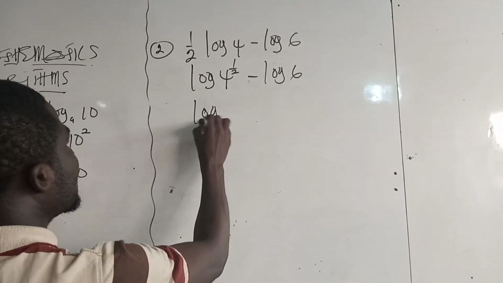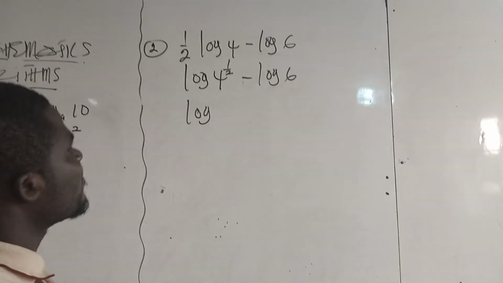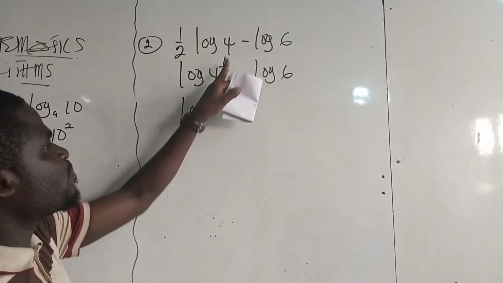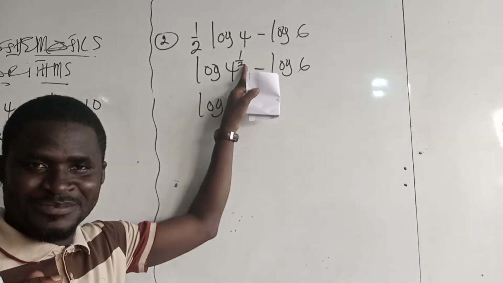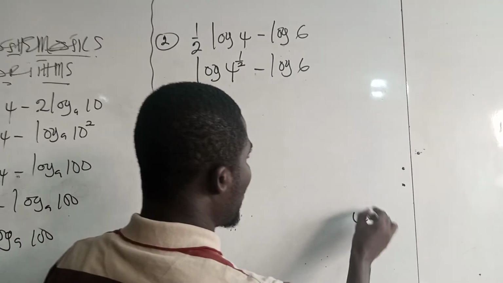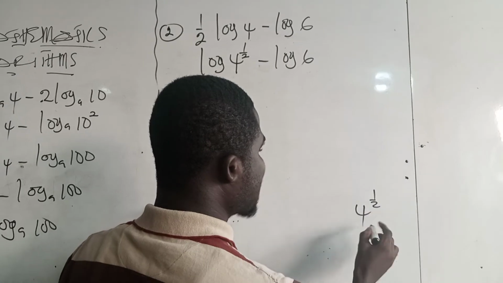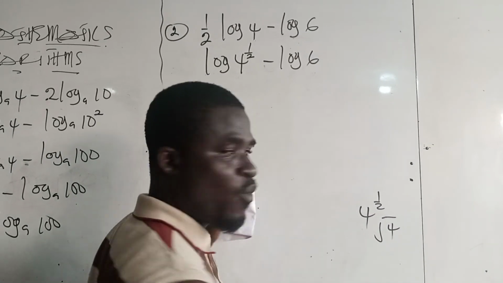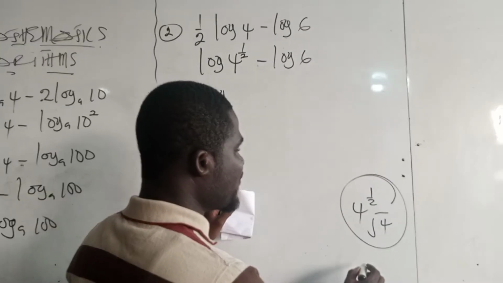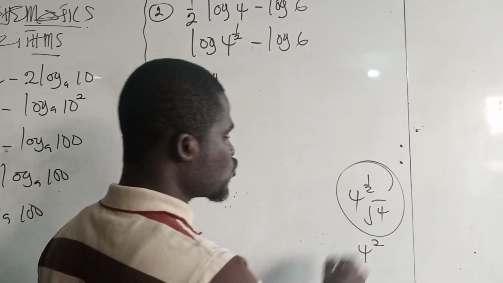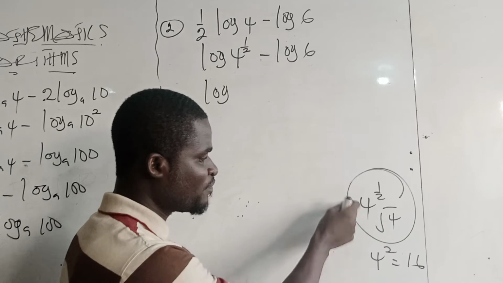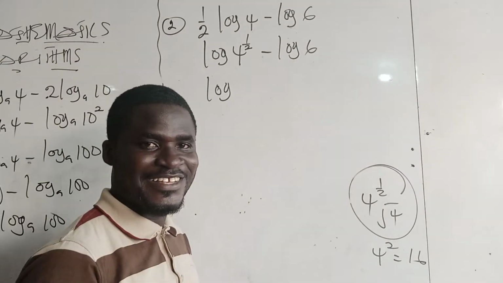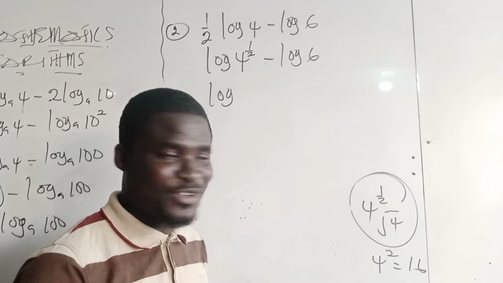Now take note here. 4 exponent 1 over 2 is the same as square root of 4. And this one is different from 4 exponent 2, which will give us what? 16. So take note of these two questions. Are you getting it? Good.